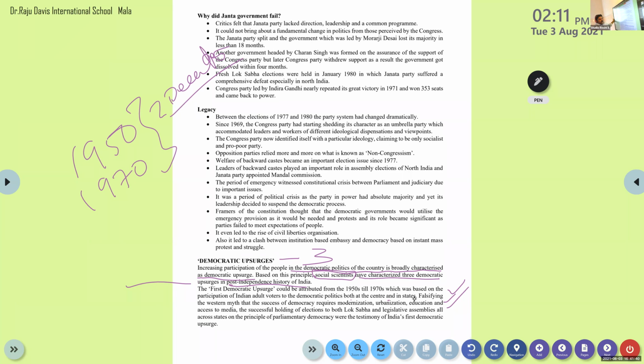Clear or not? But we proved that all these Western ideas are false. Without these things also we are able to actively participate in modern politics. That is, from 1950 to 1970 Indians started participating in a centralized political system and the state-wise political system in India.